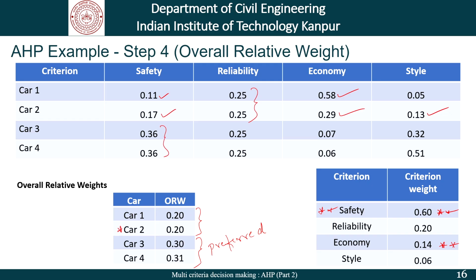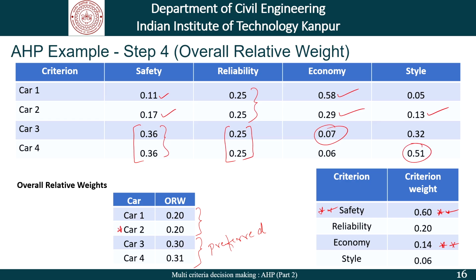Here, we will see that car 3 and car 4 have the same performance when it comes to safety and reliability. Now, when you come to economics, car 3 is better compared to car 4, and when it comes to style, car 4 is better.